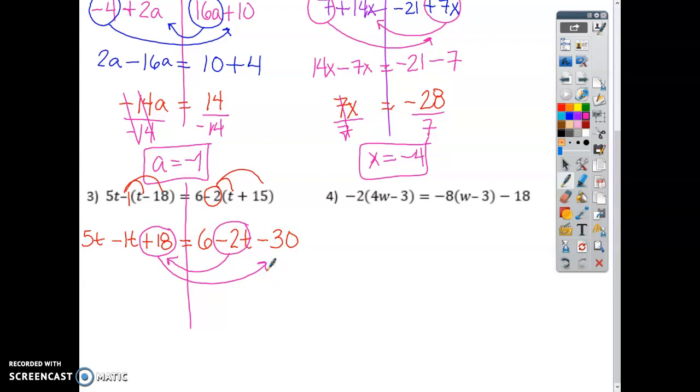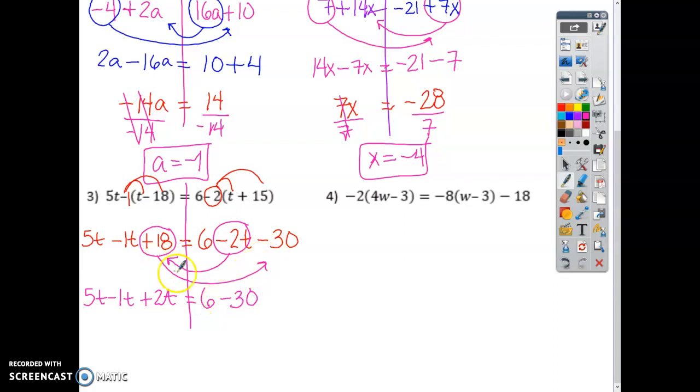Okay, change the signs. So bring these 2 down. I have 5t minus 1t, and then I brought this one over, so it's a plus 2t equals. Bring this one down, 6. Bring this one down, minus 30.